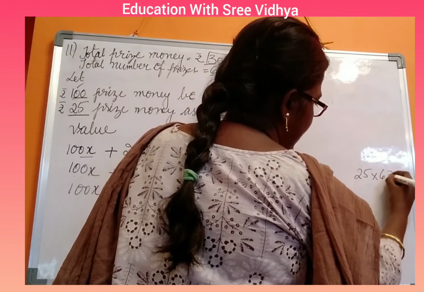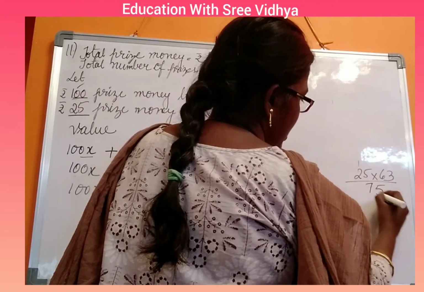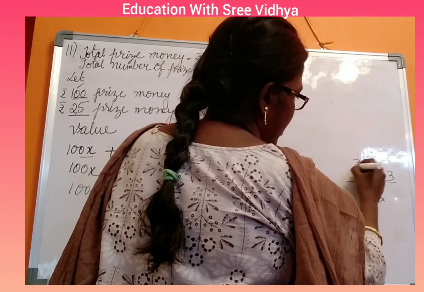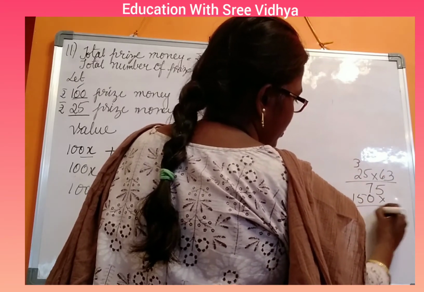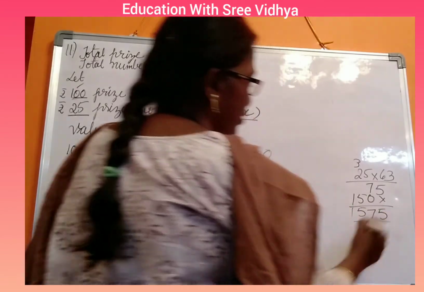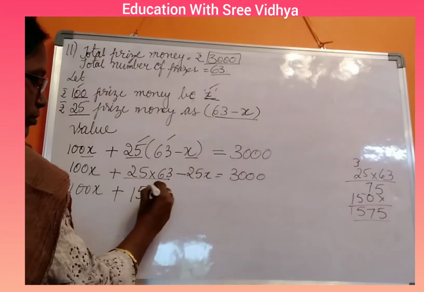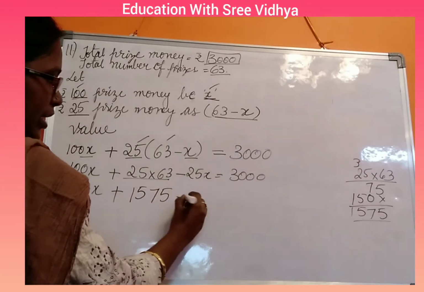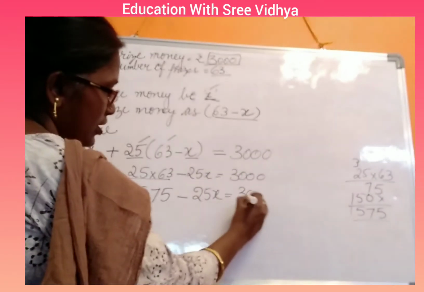Let us calculate. 5 threes are 15, 25 into 6 plus 1, 7, 30, 50. 1575. Right children? Minus 25X is equal to 3000.